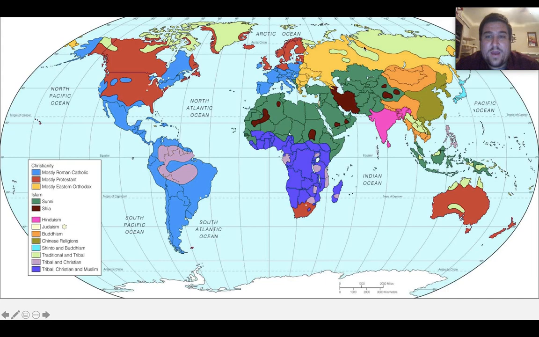What can we understand? We can understand that Islam is predominantly Southwest Asia and North Africa. We understand that the Christian religions are primarily Western Europe and North and South America. Now we can start understanding these even more, that a majority of Central and South America is predominantly Catholic.